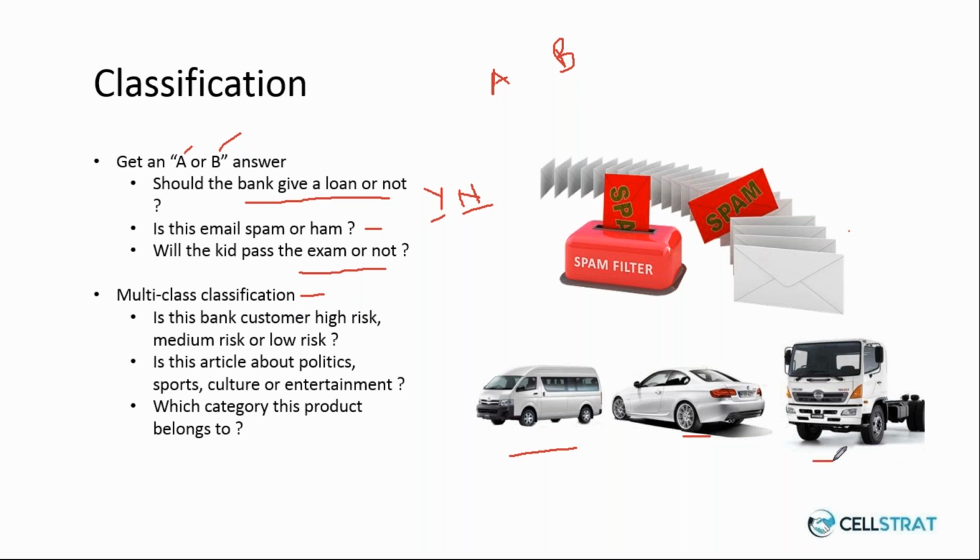So three classes are involved, and this is called multi-class classification. And in the case of a bank customer, we may have three different credit classes: whether a customer belongs to the high risk class, medium risk class, or low risk class.